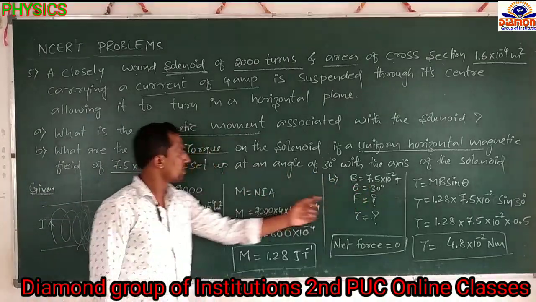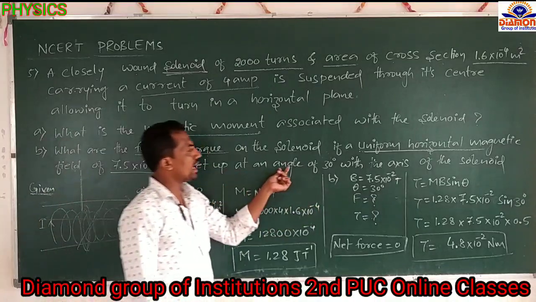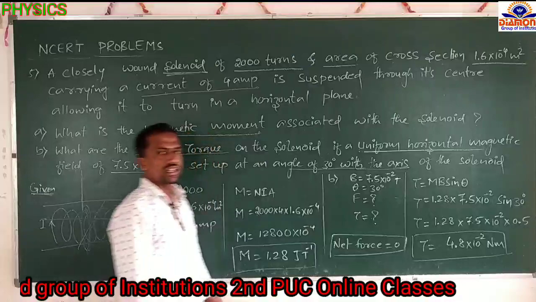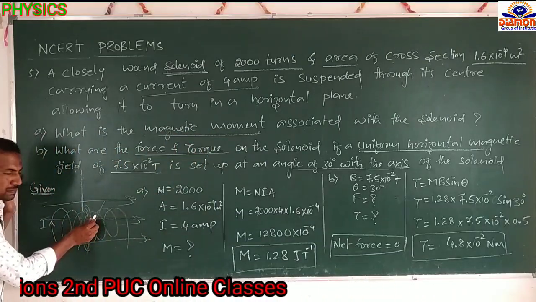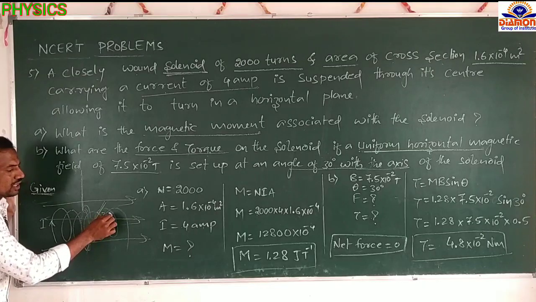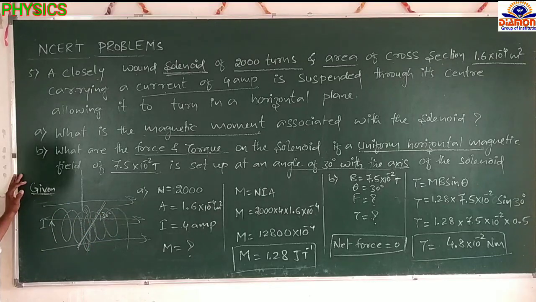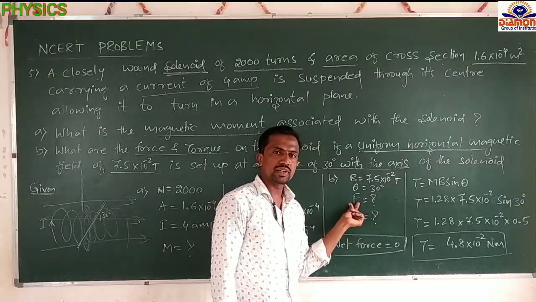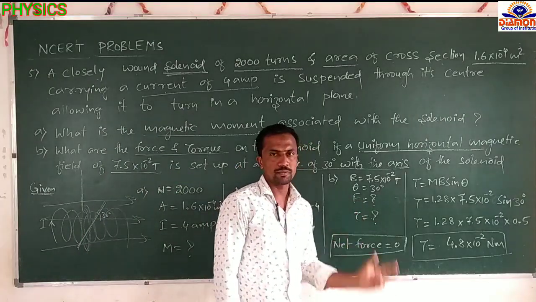B value is given. It is set up at an angle of 30 degree with its axis. This solenoid is set with an angle of 30 degree with the magnetic field. Theta value is given. In this question, we are calculating force value and torque value.